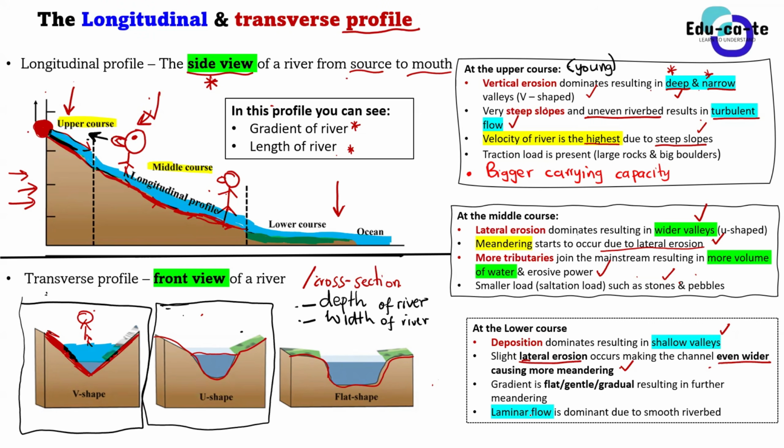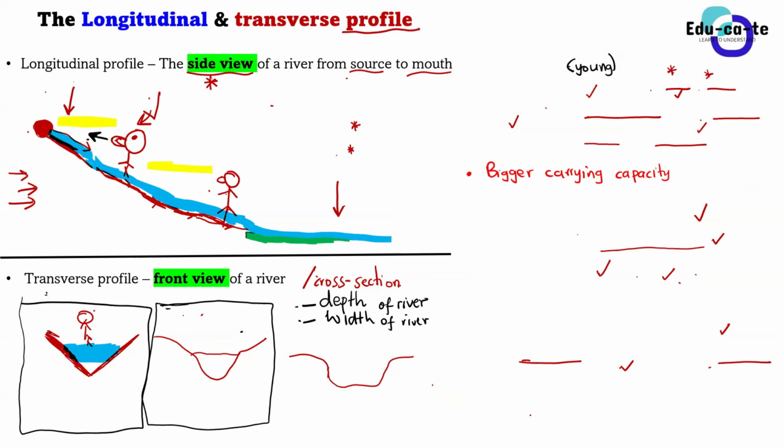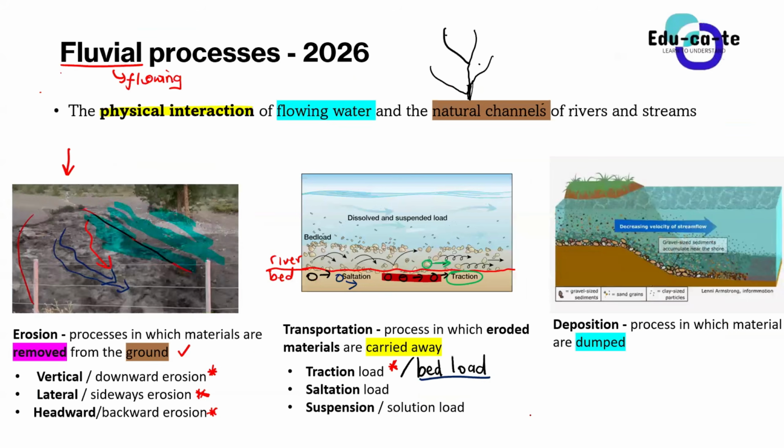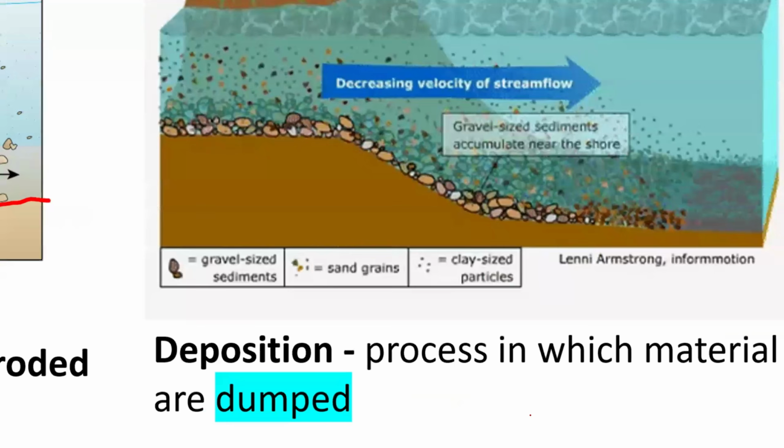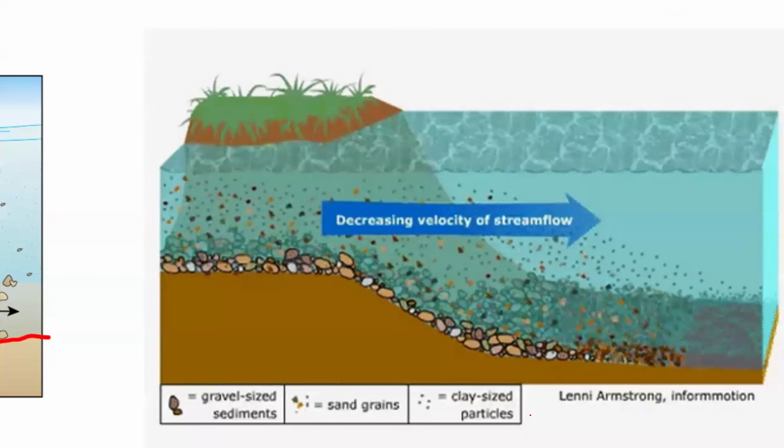All right. So now let's try to explain why the river deposits its material. Yes, Mwako, before we proceed, can you reflect back on the shallow valleys? Okay. You mean the graphic here? Yes, sir.